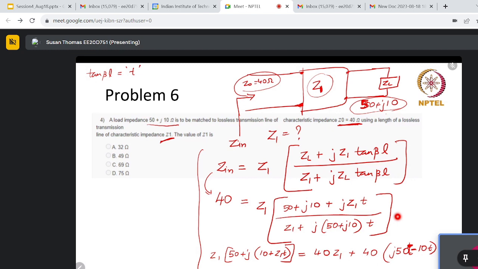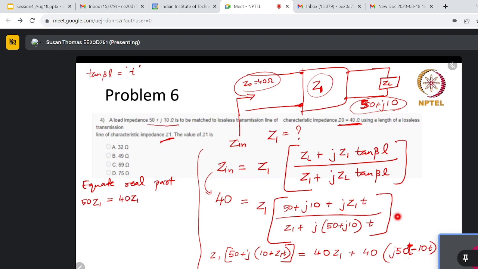Now this is an expression. If you try to equate the real parts, on the left hand side you will have 50 Z1. On the right hand side, what you have? 40 Z1.